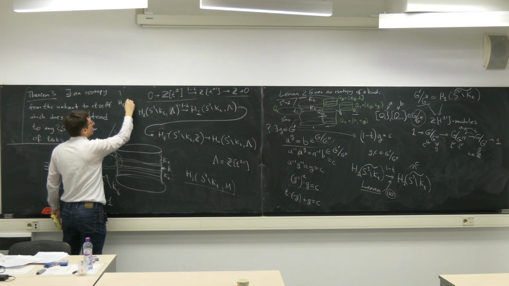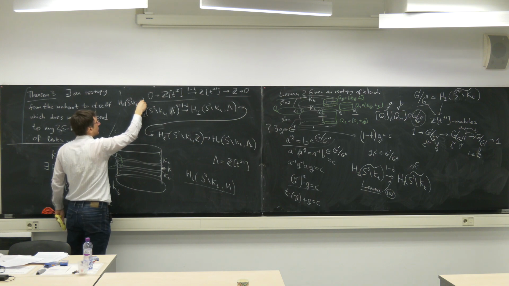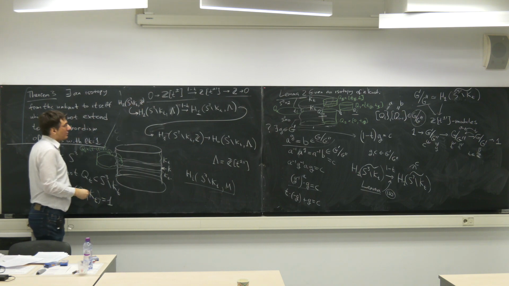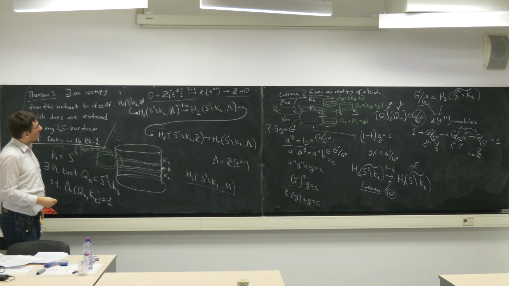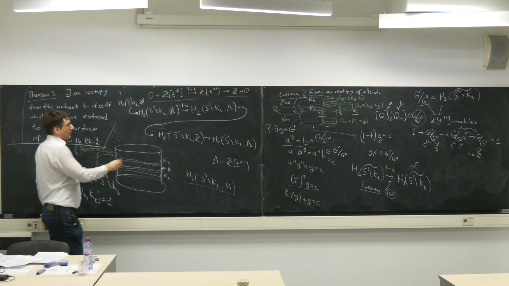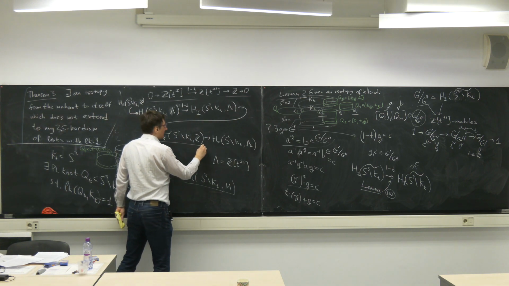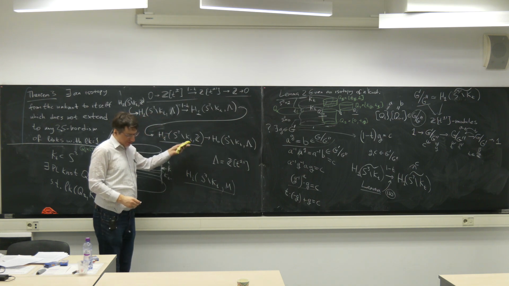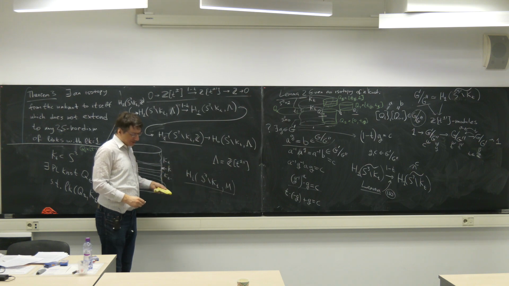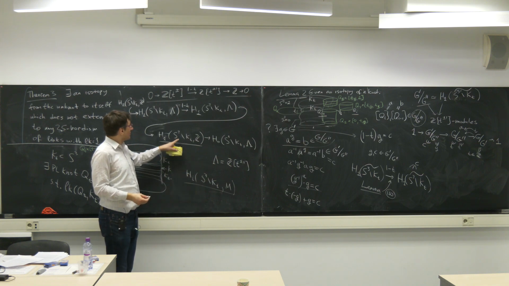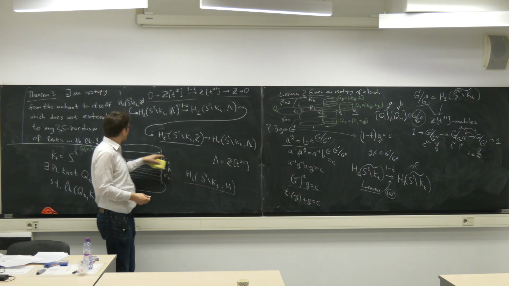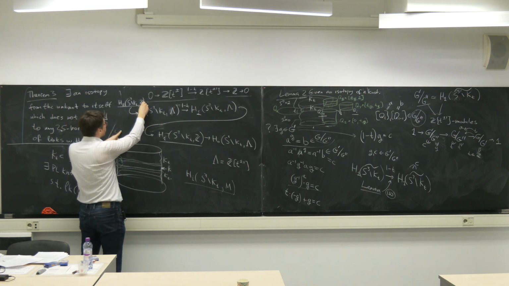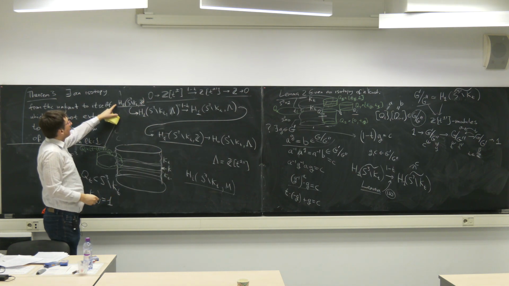H2 of S^3 minus K_T with coefficients in Z. Okay, so this is the usual homology. The action of t is trivial. It means that this homology with local coefficients is actually the usual homology. And similarly here.